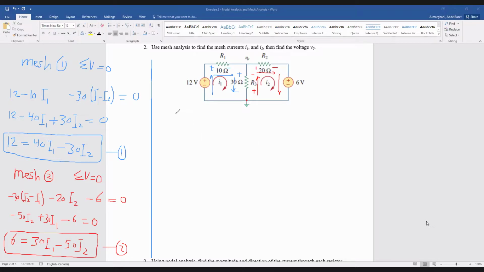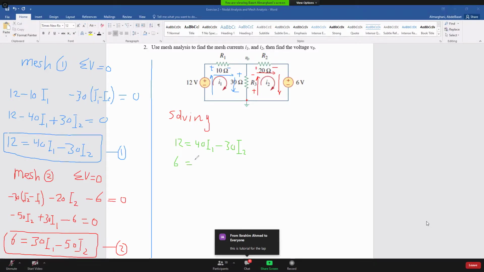So I'm going to put the two equations. 12 equals 40 I1 minus 30 I2. The other one is 6 equal to 30 I1 minus 50 I2.